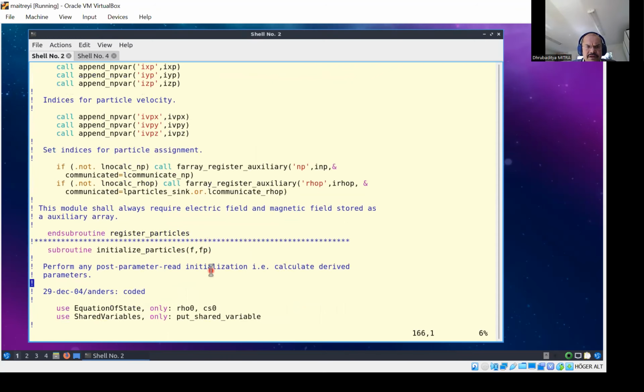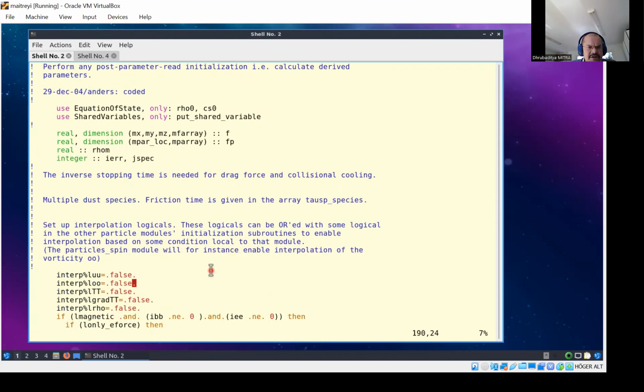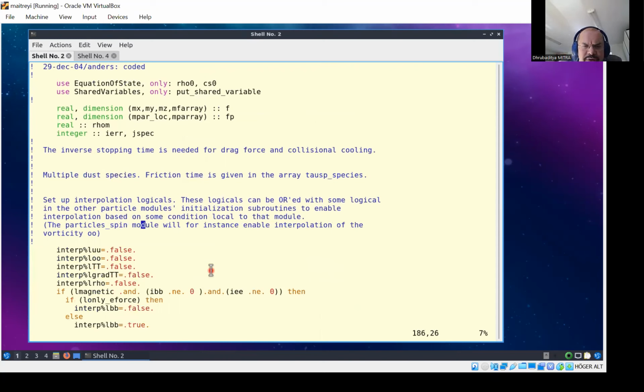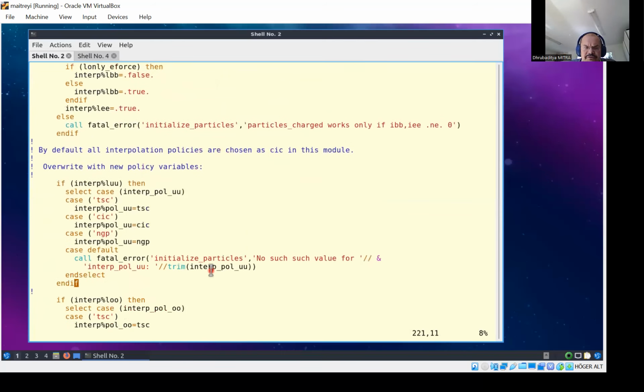Then you say initialize particles. Now initialize particles and init particles are 2 different things. Just remember that. So now you remember we talked about interpolation. So one of the things you do in initialize particles is you choose an interpolation scheme. You don't need to, there is a default and that's what it uses. But this you can specify in your input file.